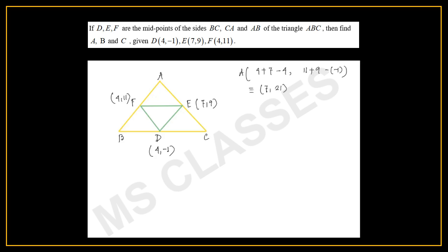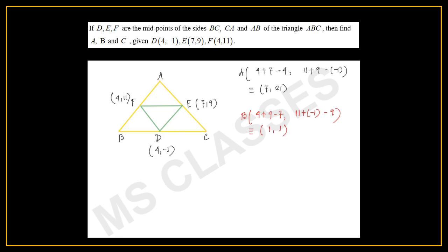Now for the point B, it will be F plus D minus E. For the abscissa, it is 4 plus 4 minus the abscissa of E, which is 7. Now for the ordinate, it is 11 plus of minus 1 minus 9. So this gives us 1, comma 1.